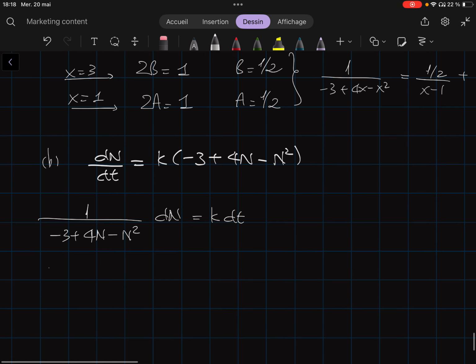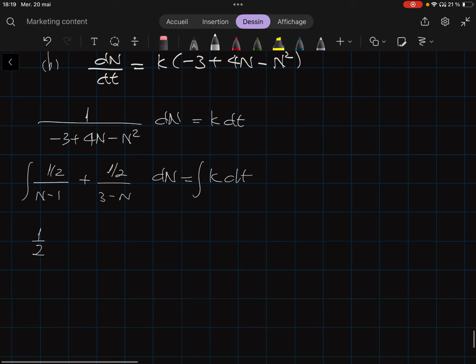Using the result we have established earlier and replacing x with n. Integrate. Right hand side is going to be kt plus a constant.